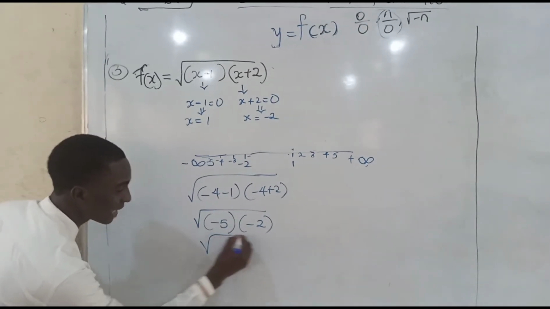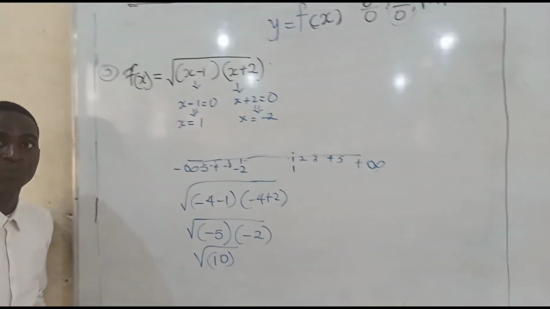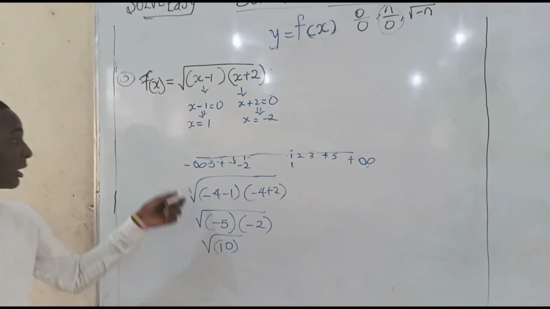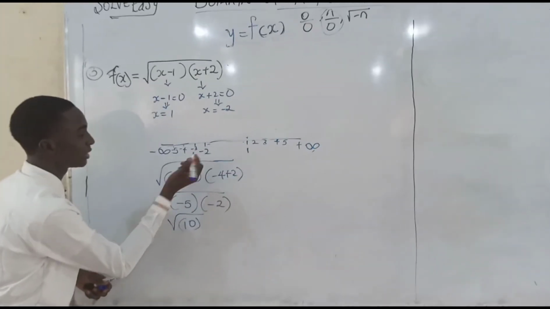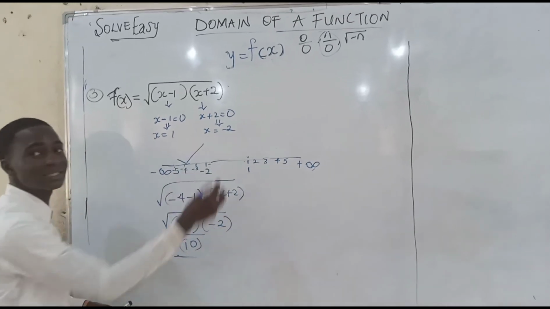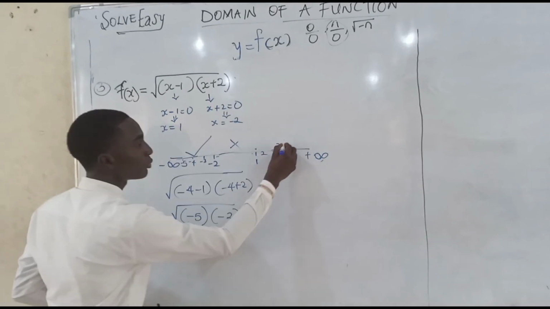So multiplying this, I'm having positive 10. So it gave us a positive number. That is to say, minus 4 is positive, so it's a defined value. So if here is defined, this point will be undefined and this point will be defined.